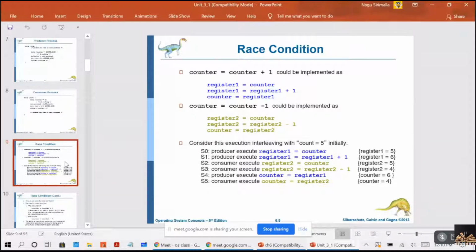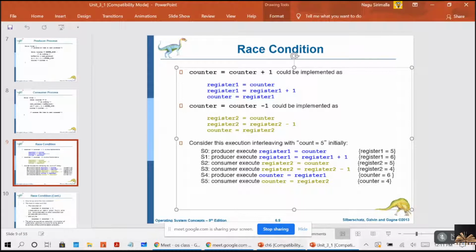If these two are executing simultaneously, they have to be executed one after the other in some order. Then only we can say they are following synchronization. But if they both execute concurrently, there will be a problem, which I am showing you here. Without completing these three instructions of counter is equal to counter plus 1, the consumer started executing its instructions.